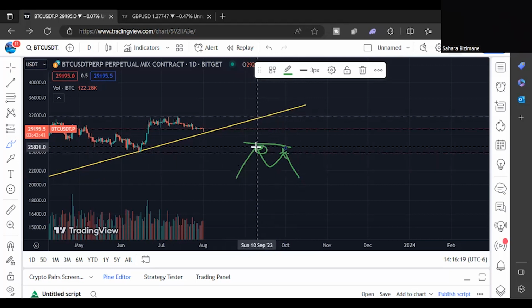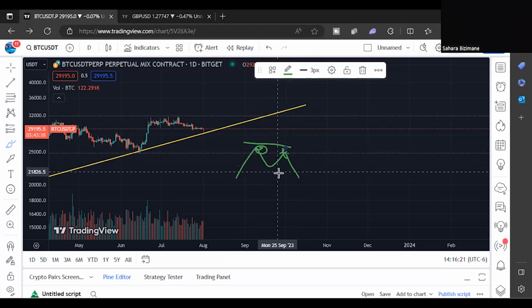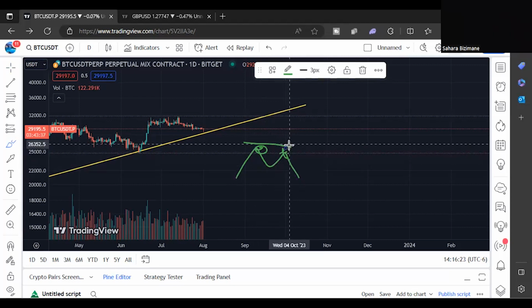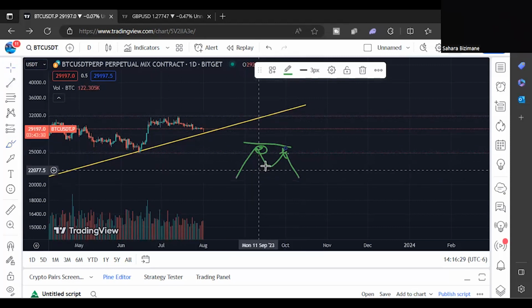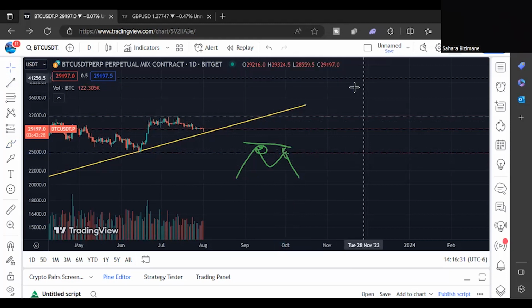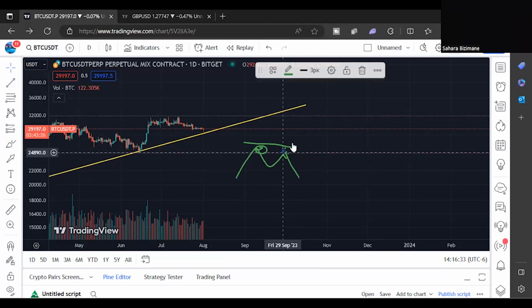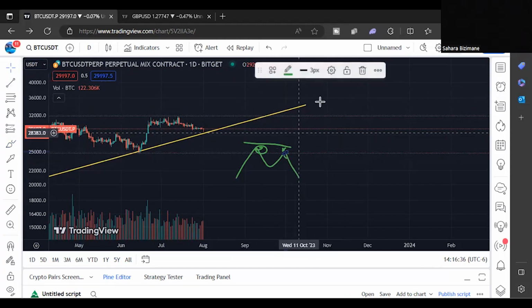Usually the double top gets formed whenever the price fails to make a high that is higher than the previous high. So anytime the price fails to make a high which is higher than the previous high, a double top gets formed.